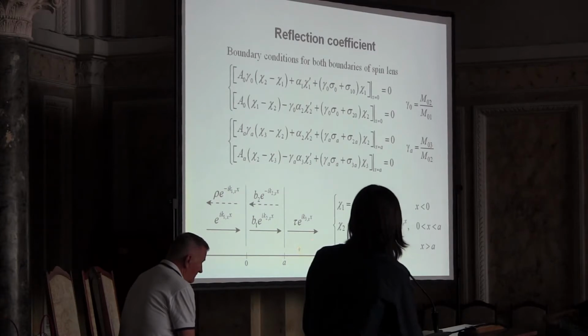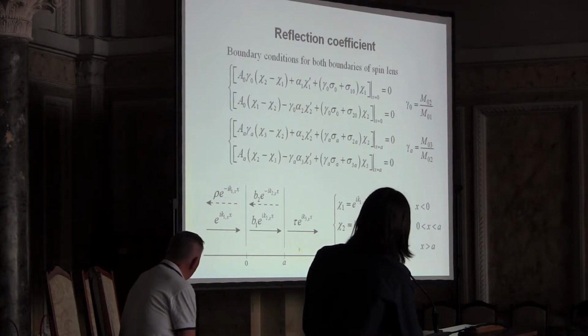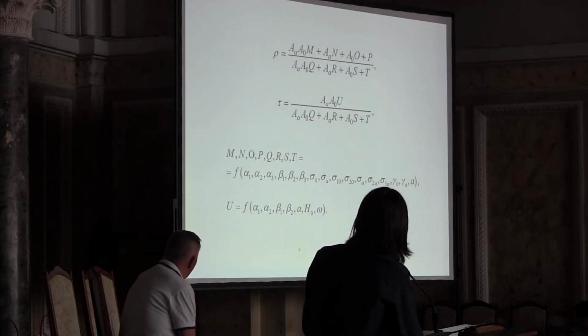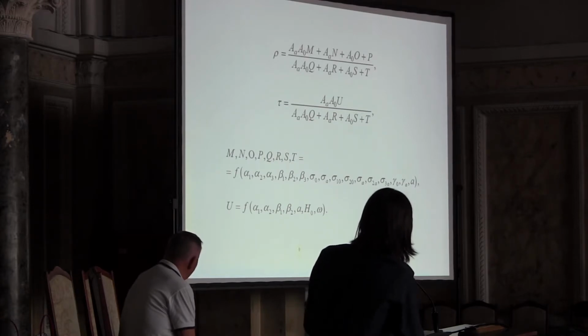And for the third, we have just the spin wave which goes through the medium. After we put the solution in this form into the boundary conditions, we get the reflection coefficient in this form. Basically, it was a really massive formula which depends on a lot of parameters. I just simplified it a little bit.